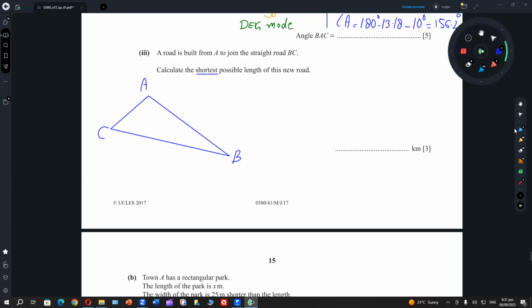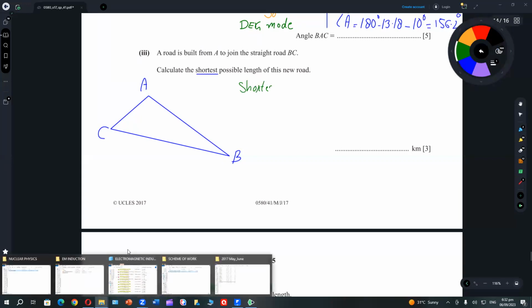Sir, for shortest distance, I wrote that you find it like, I don't know. No, I don't think I wrote. So please write here also in your past paper book.